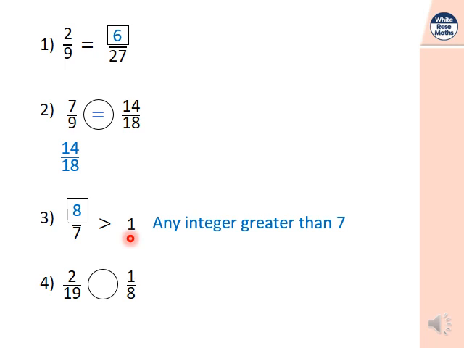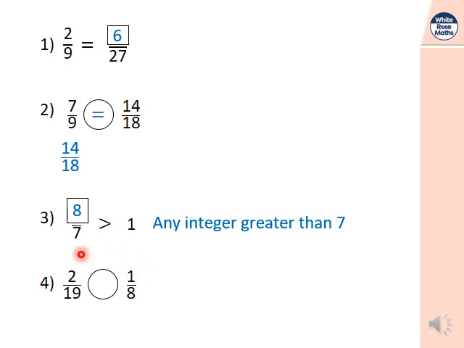And for the last question, we had 2/19 and we needed to work out what was the missing symbol if we had 1/8. What we could have done is see what we could have changed. Could we have changed 8 into 19 by multiplying by something? Well, the answer is no. Could we have changed 1 to 2 by doing something?